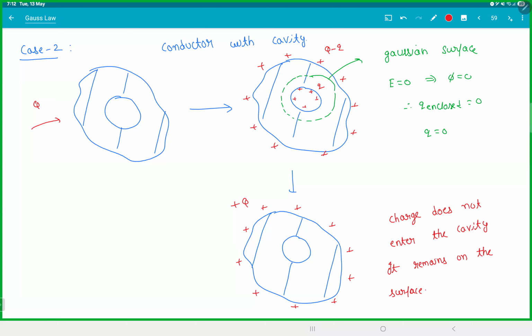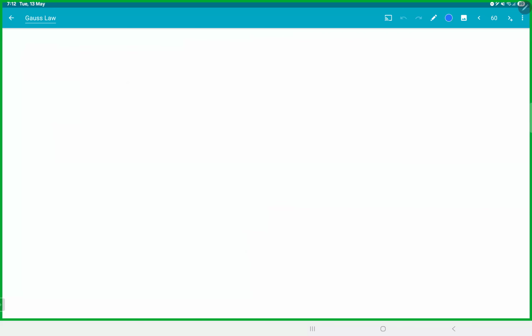Play with this. So if you give a charge to a conductor from outside, there is no way it will go inside. Clear? Then how do we get charge inside of the cavity?